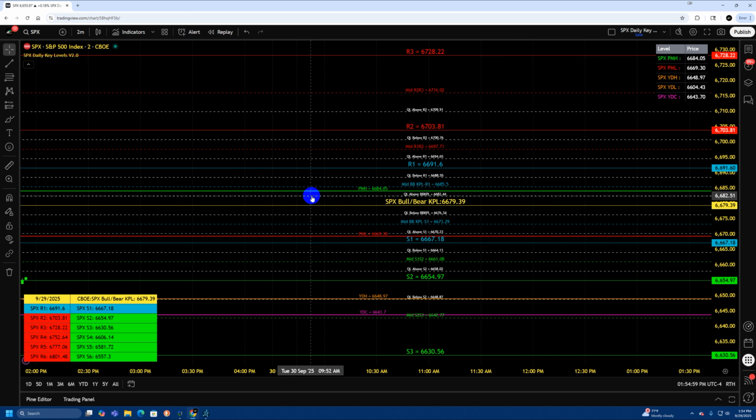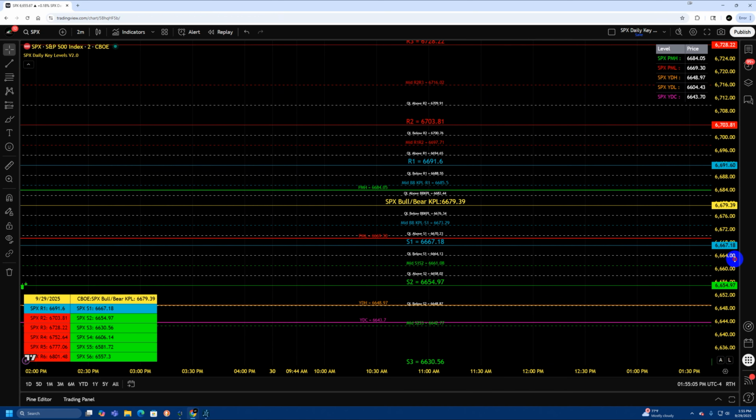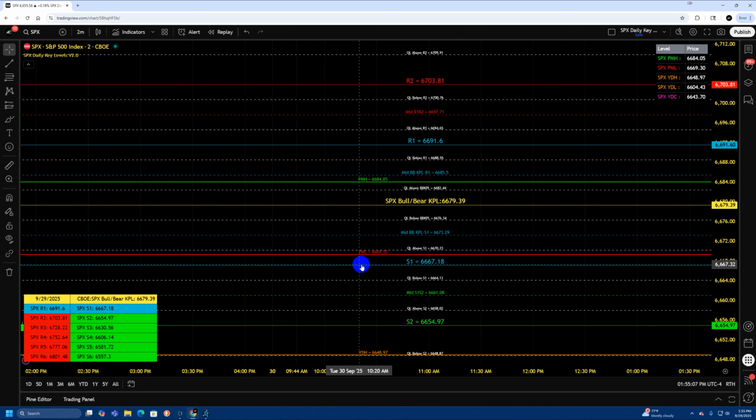For example, if price is coming down to S1 and bouncing off of S1, and you want to take a bullish trade off of S1, then your tight stop loss on a bullish trade is the first QL below S1, because S1 is the level that you're taking the trade off of. And the standard stop loss would be the first midpoint below S1, which would be mid S1, S2.